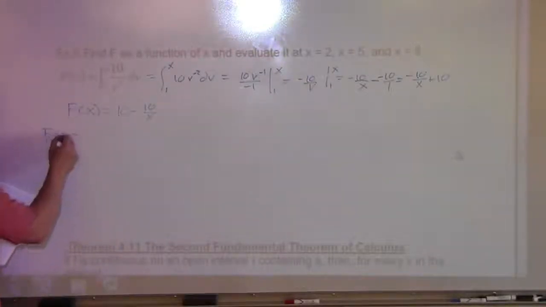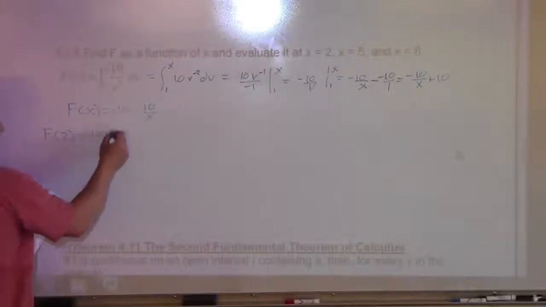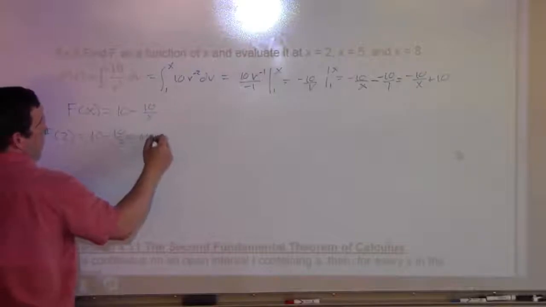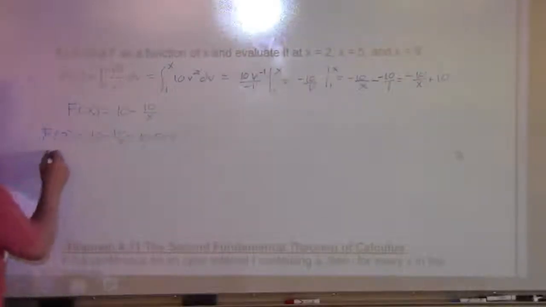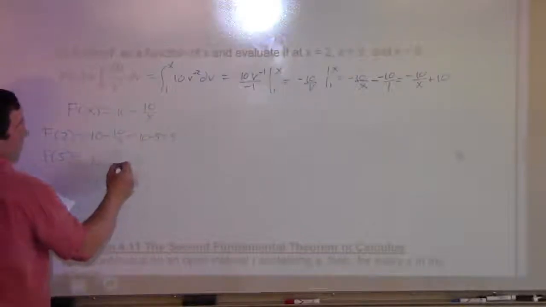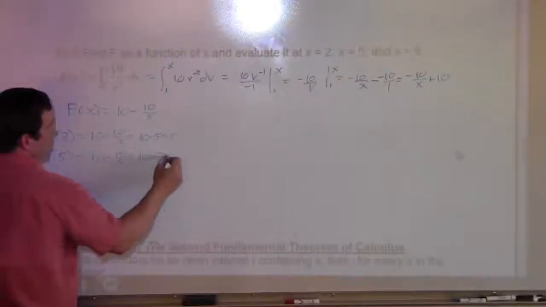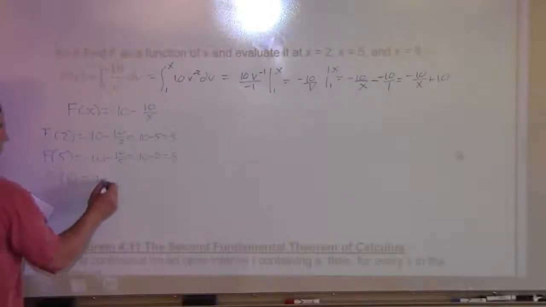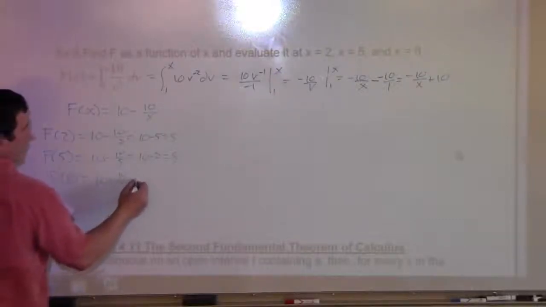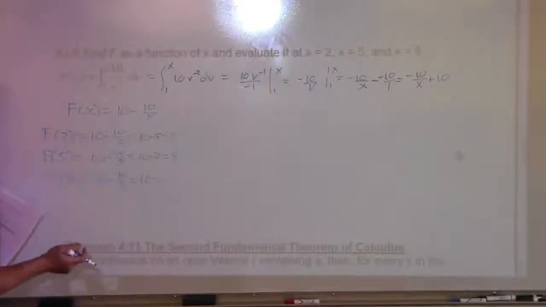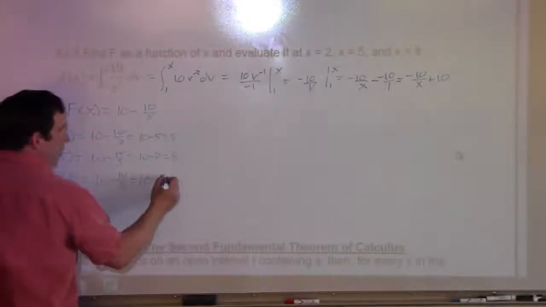So F of 2 is 10 minus 10 over 2, which is 10 minus 5, which is 5. F of 5 is 10 minus 10 over 5, which is 10 minus 2, which is 8. And F of 8 is 10 minus 10 over 8, which is 10 minus, let's see, 10 over 8. That would be 5/4.